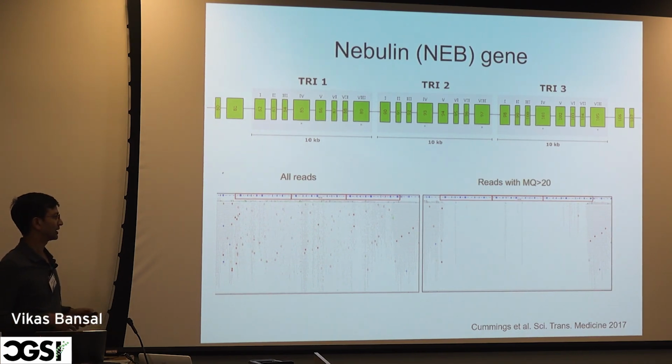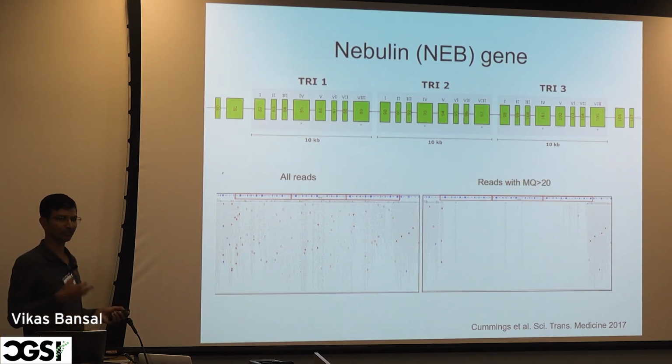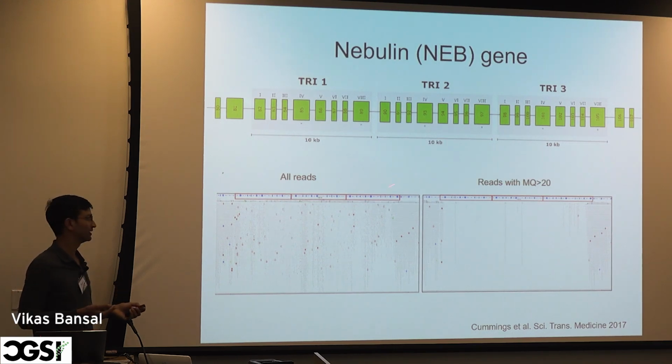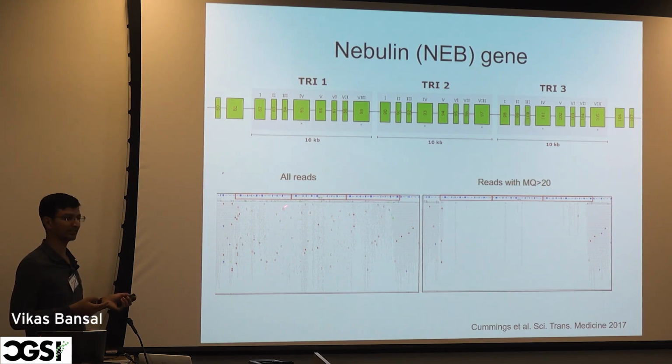Now one possibility is: why can't we do variant calling on all the reads, and just assume that all reads have high mapping quality? Well, the problem is that if there is a variant present in one of the copies, then because the read mapper assigns reads randomly to the different repeat copies if they have equal alignment score, the reads that have the variant will not be present at a single location.